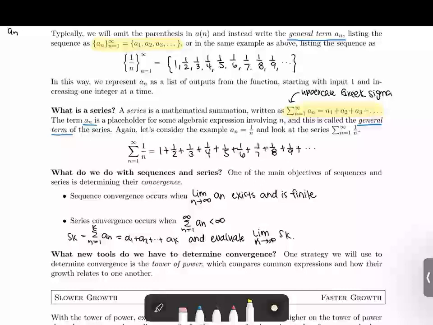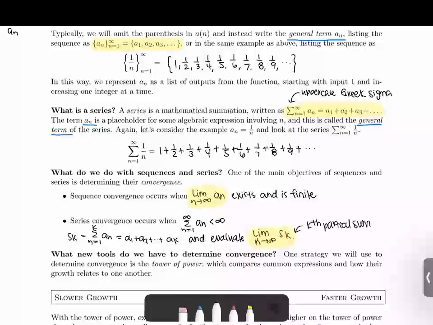So for sequence convergence, we end up evaluating this limit at infinity. And for series convergence, we also end up evaluating this limit at infinity, but series has this added step of actually finding what that S_k was. So remember that this S_k is going to be talked about as the kth partial sum, because we're not adding up everything, we're only going part of the way and stopping at k.